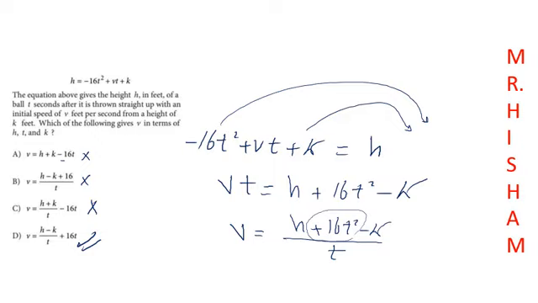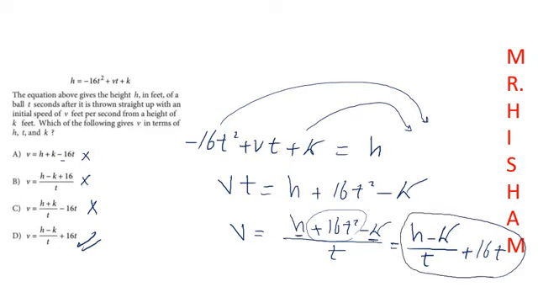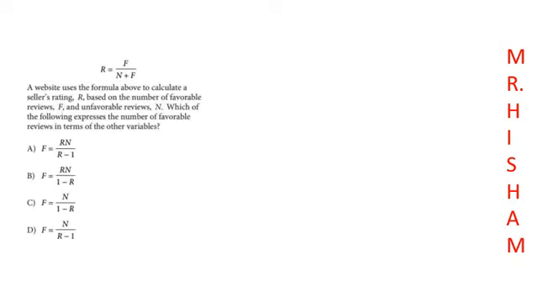First, it's h minus k, and still over t. And when you divide, 16t squared divided by t, t squared divided by t is t. So it's 16t. So in case you don't want to write that last step, you may think about it and cancel the wrong answers.